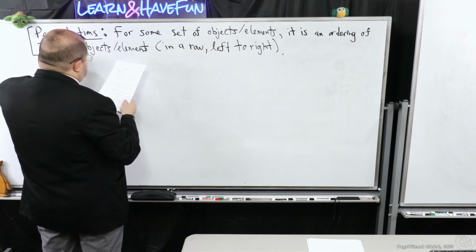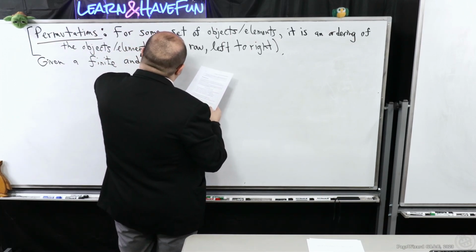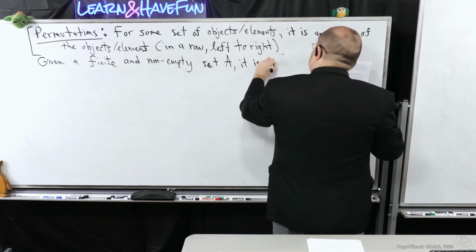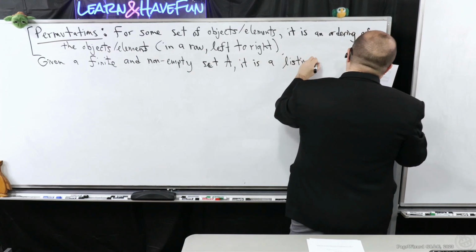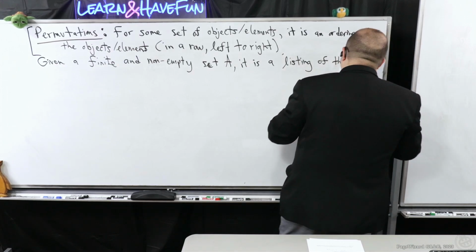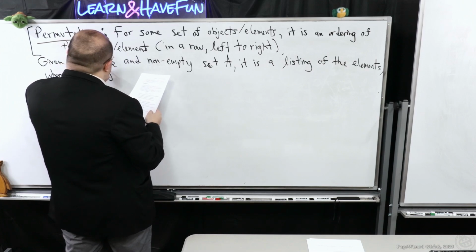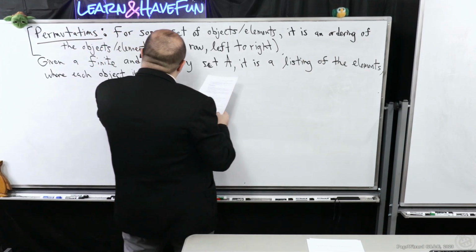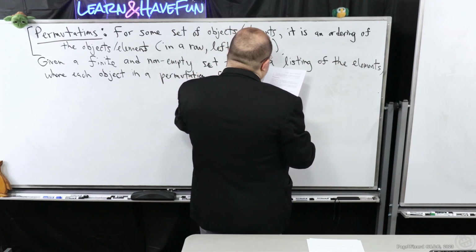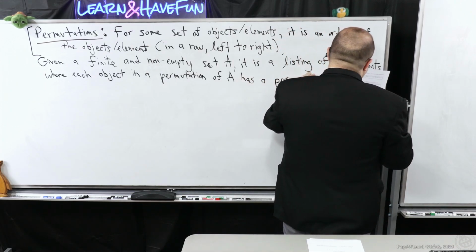So given a finite and non-empty set A, a permutation is a listing of the elements, where each object in a permutation of A has a position or index.